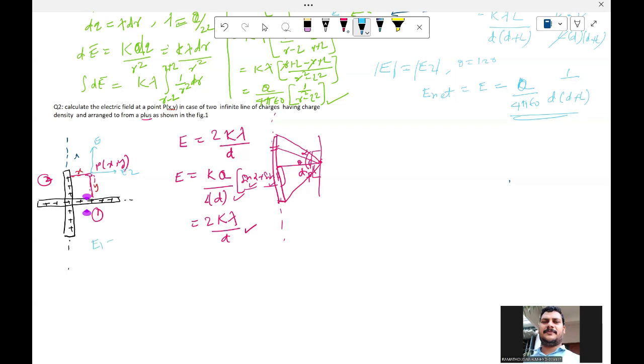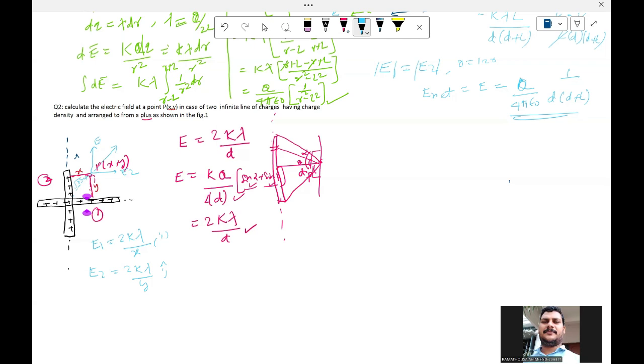E1 is equal to 2K lambda by x along i cap. E2 is equal to 2K lambda by y along the y axis. Therefore, the net electric field at point P is in the direction of root over x square plus y square.